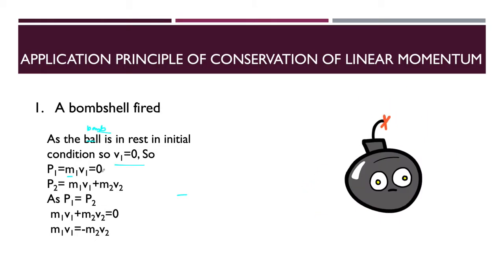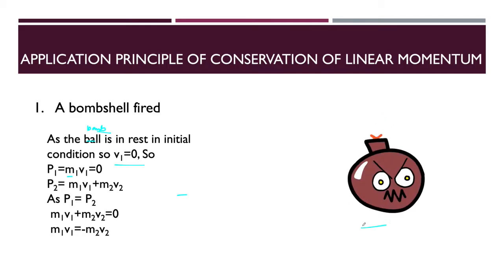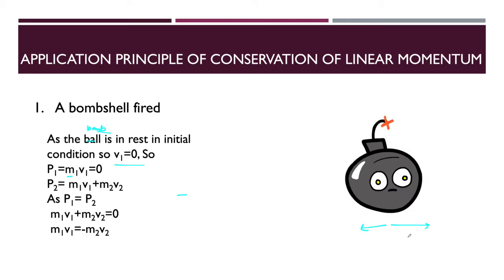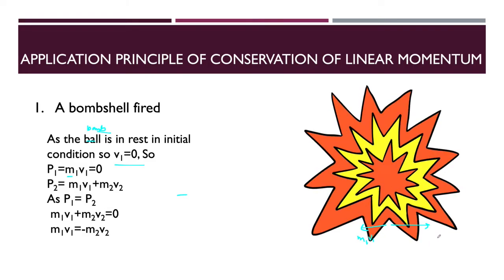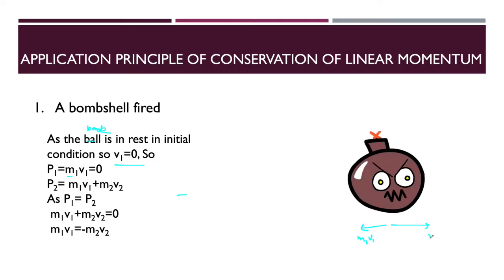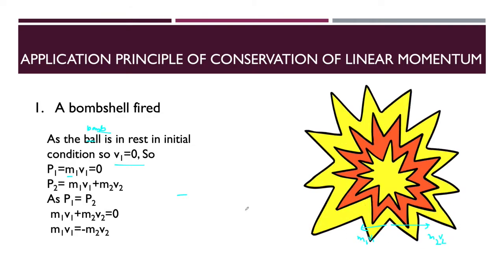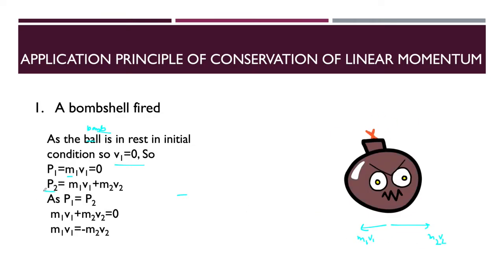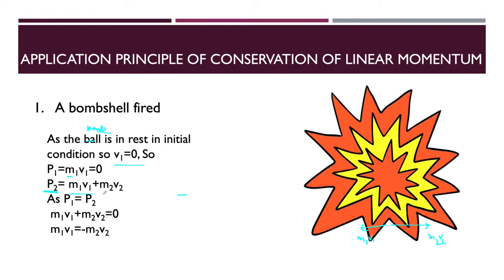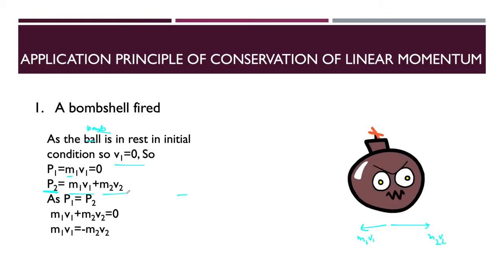But what is happening when the bomb is fired? The bomb is divided into two parts. One part gets m1 v1, and another part gets m2 v2. So P2, the final momentum, will be m1 v1 plus m2 v2. Why is it like that?